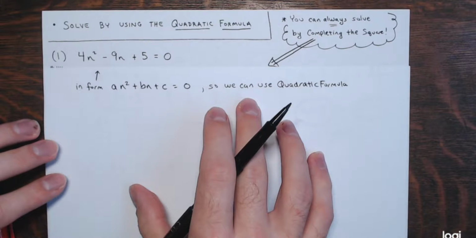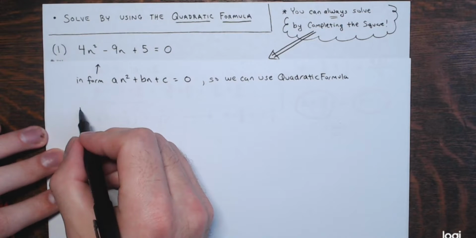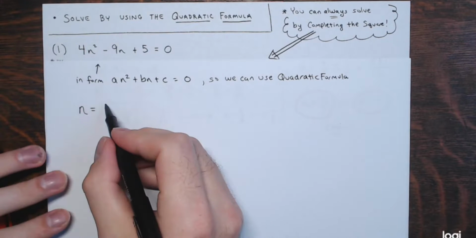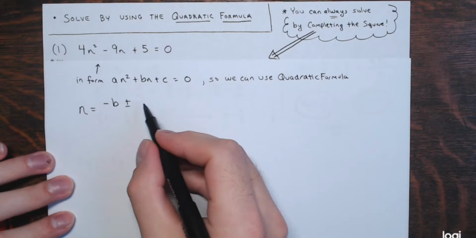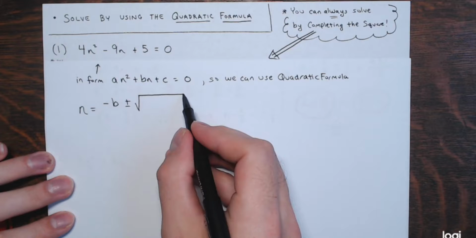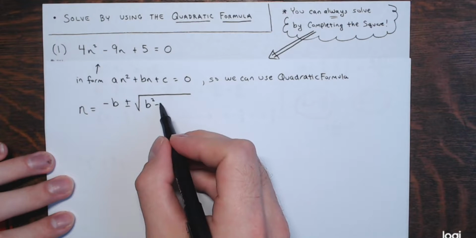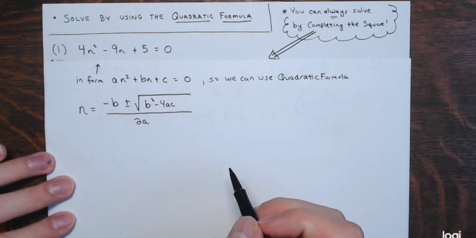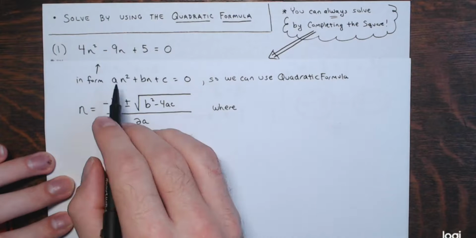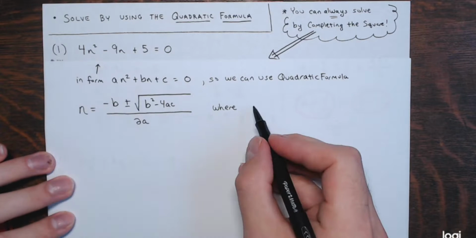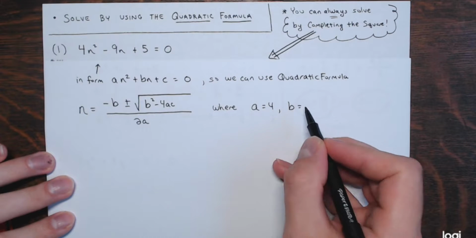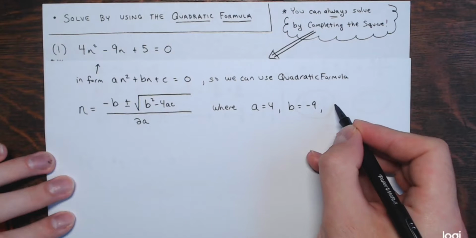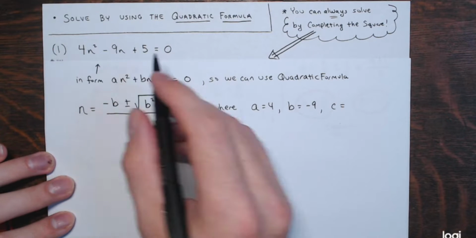The solutions are n equals, instead of x, it's just n instead of x, the opposite of b plus or minus, one with the plus, one with the minus, the square root of b squared minus 4ac, and then all of this divided by 2 times a, where a is the quadratic coefficient, so a is 4. B is the linear coefficient, so -9, don't forget negatives. And c is the constant term, which is +5.